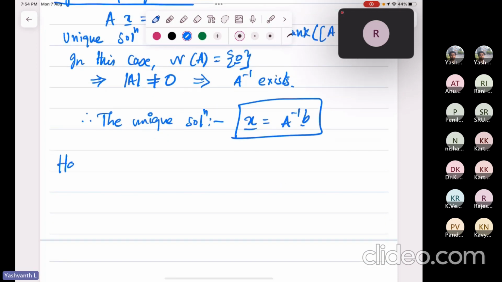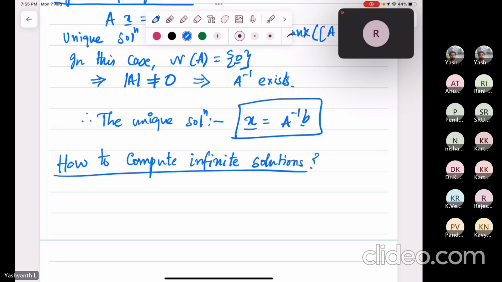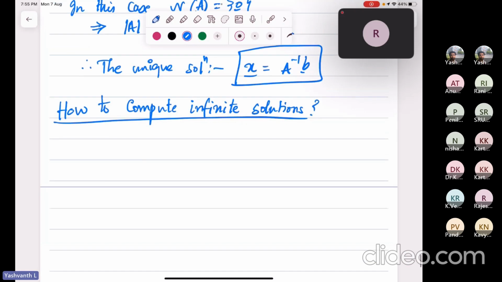Now, the next thing is very interesting: how to compute infinite solutions. In this particular case, clearly rank of A should be less than the number of columns.